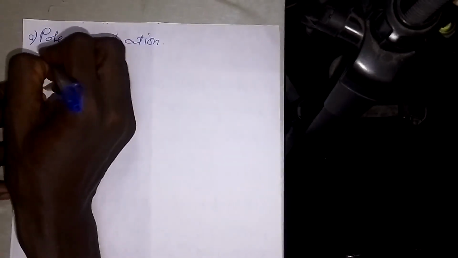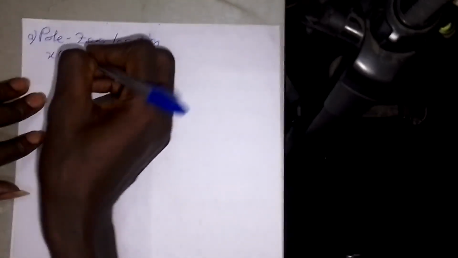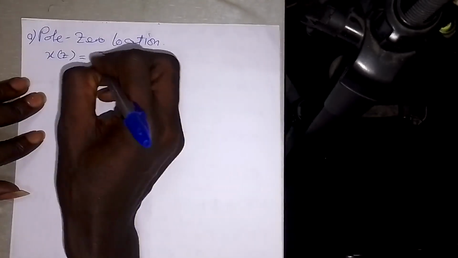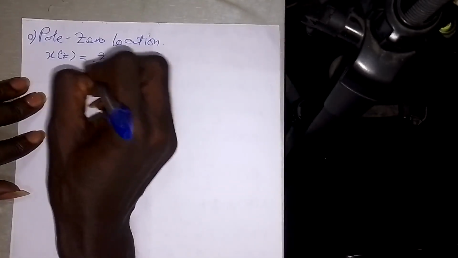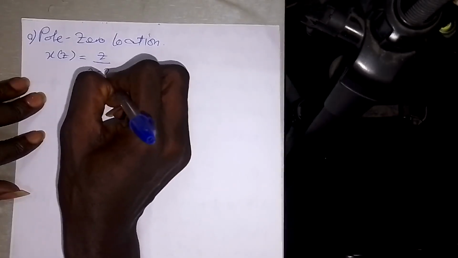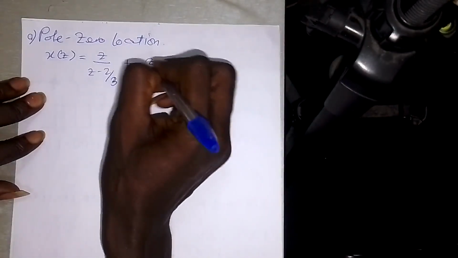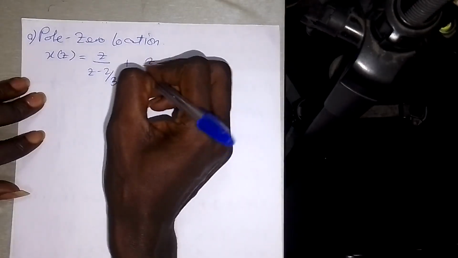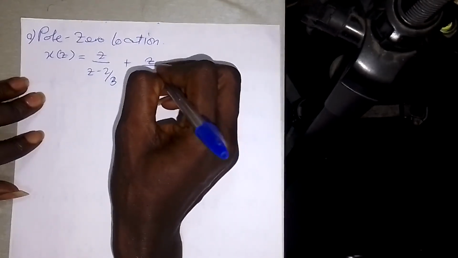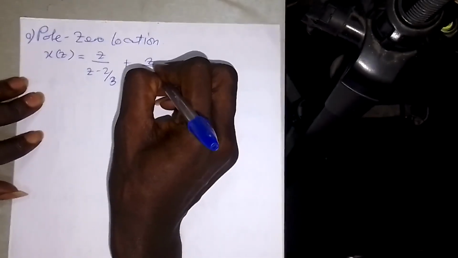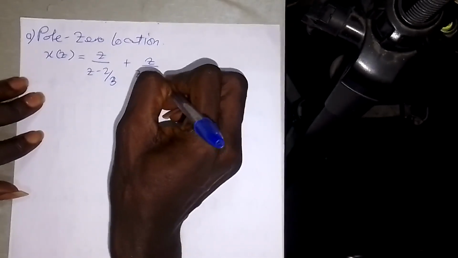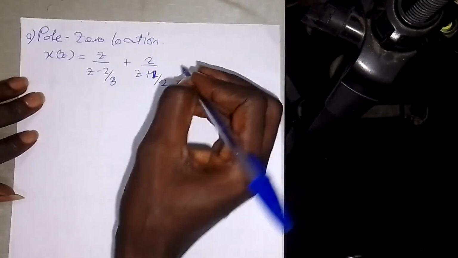So now here, X of z is equal to z over (z minus 2/3), plus z over (z plus 1/2).